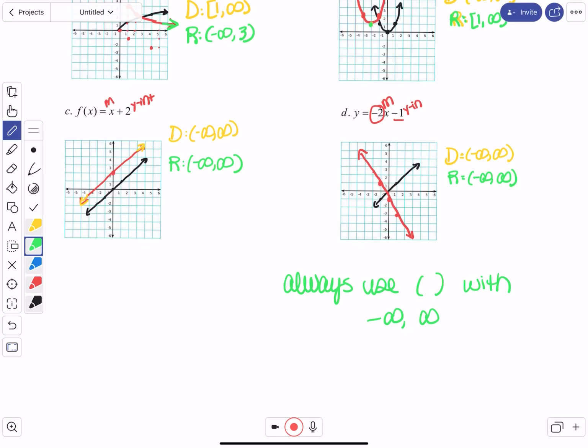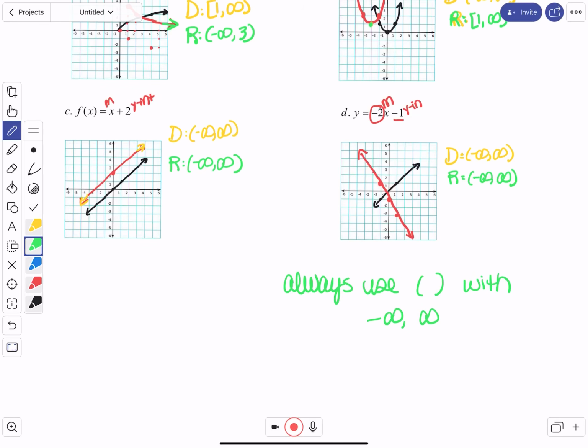And you always use a bracket, and this was mentioned earlier in notes, you always use brackets with a definite starting and a definite stopping point. Okay, but no matter what, you always use parentheses with infinity because infinity does not stop. Infinity keeps going forever. So always use parentheses with negative infinity and positive infinity.